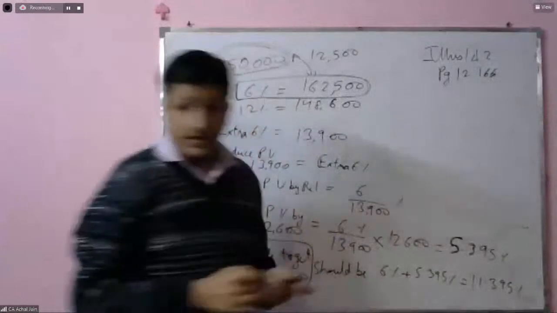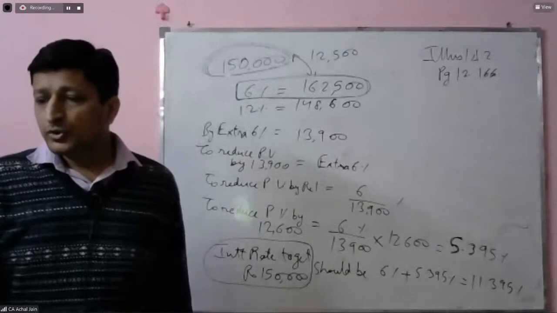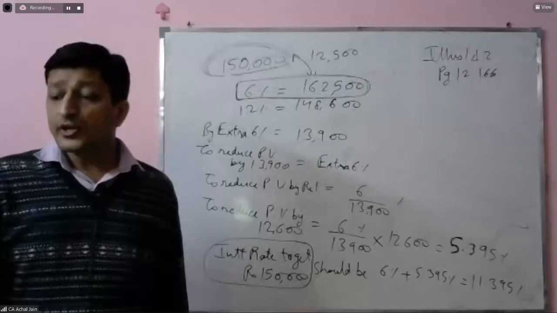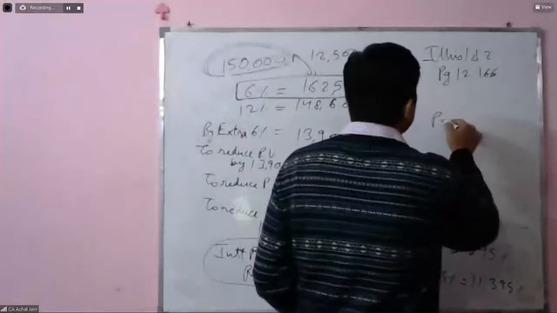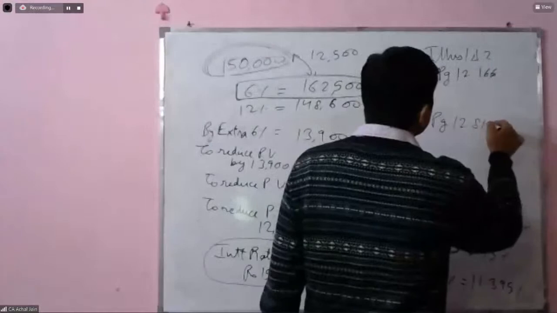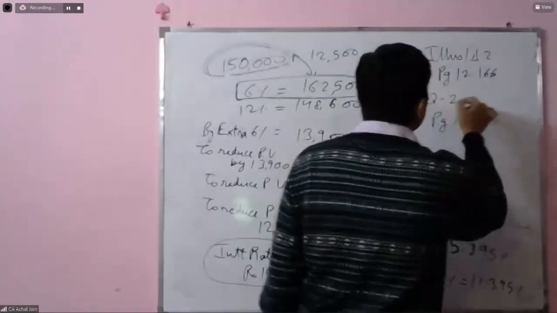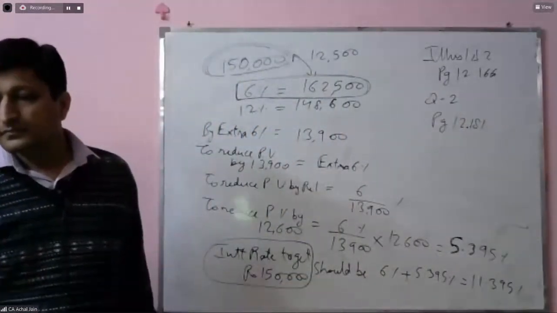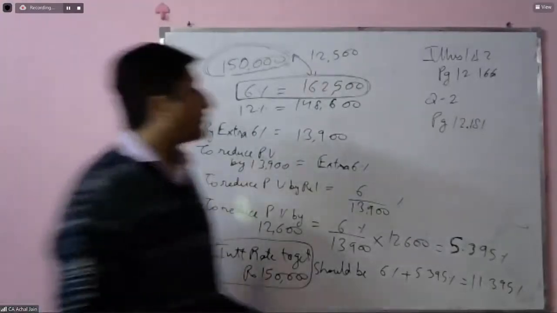Then you should also cover question number 2, 3, 4, 5, starting from page number 12.181.